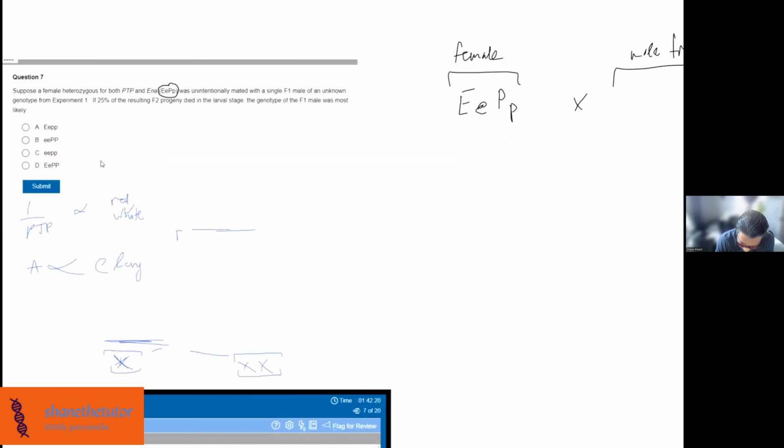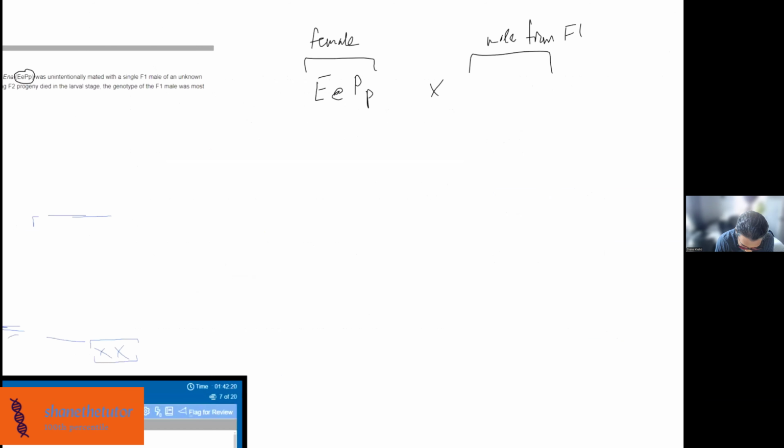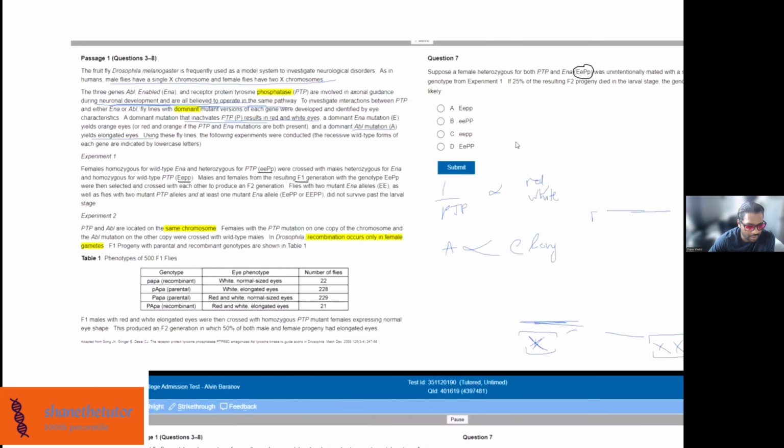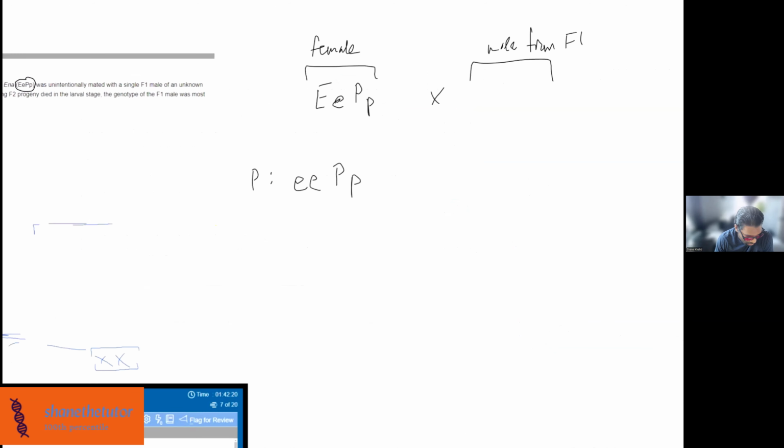So for the P generation, we have little e, big P, little p, and they crossed it with males whose genotype is big E, little e, and little p, little p. Again, this is the female, this is the male, and this will create the F1 generation.